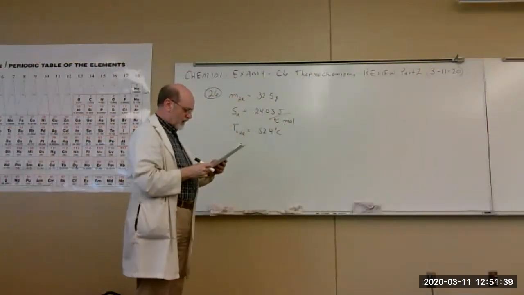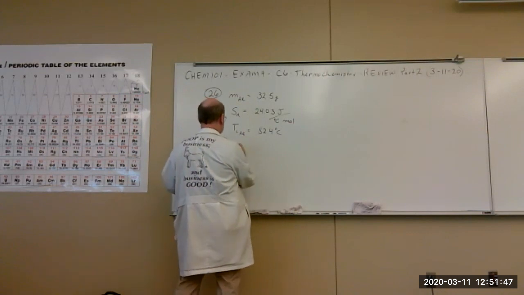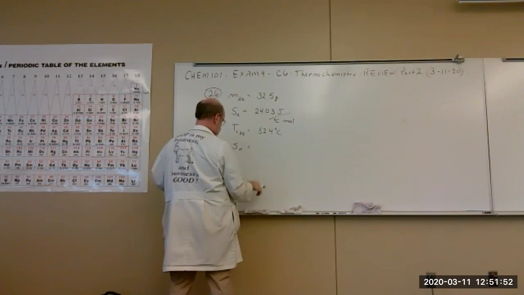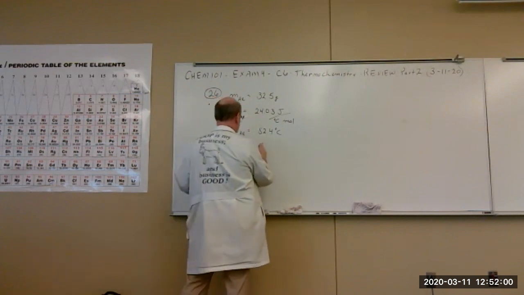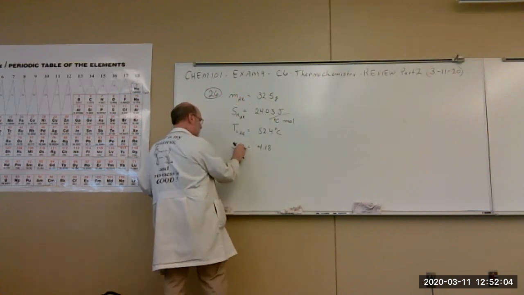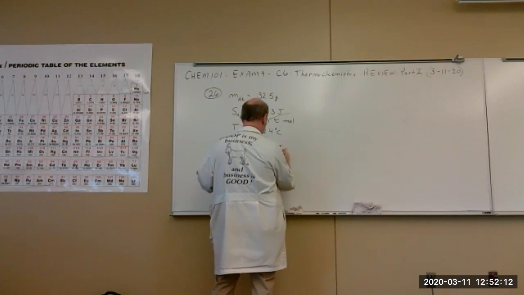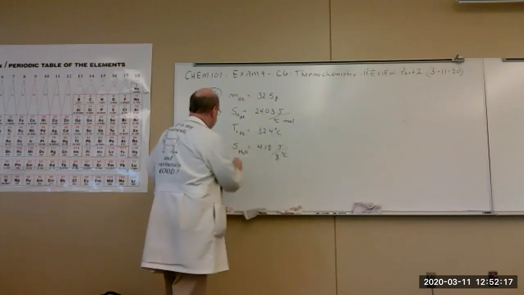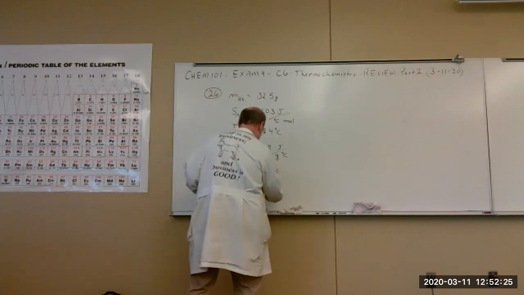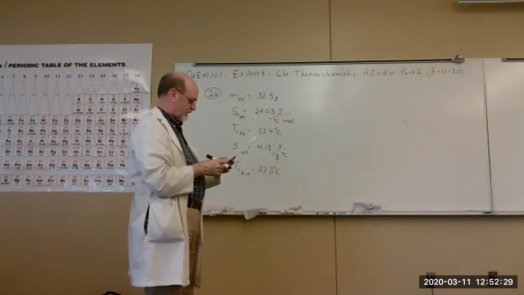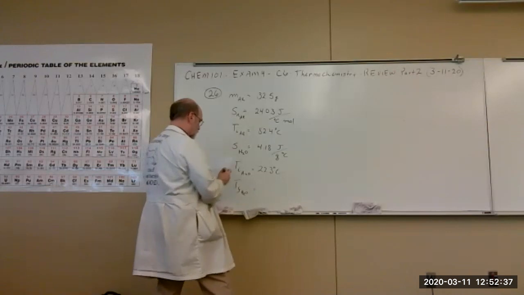And it's dropped into a calorimeter containing water, and the water has a specific heat capacity of 4.18 joules per gram degree C. And its starting temperature for water equals 22.3 degrees C. The final temperature of the water equals 24.2.